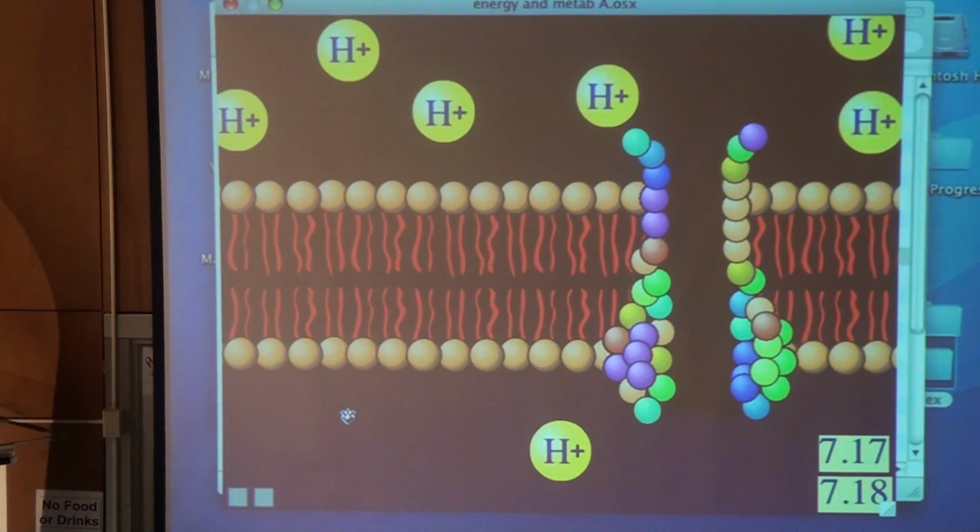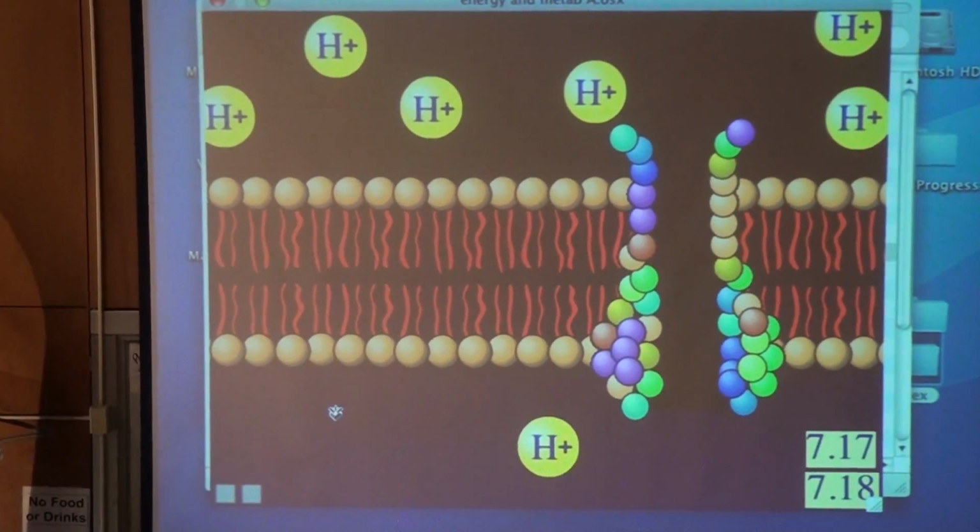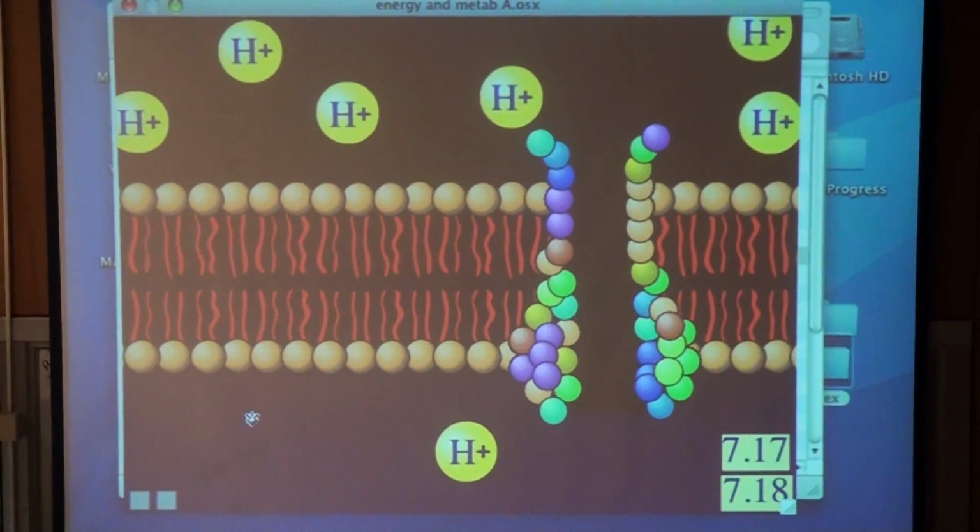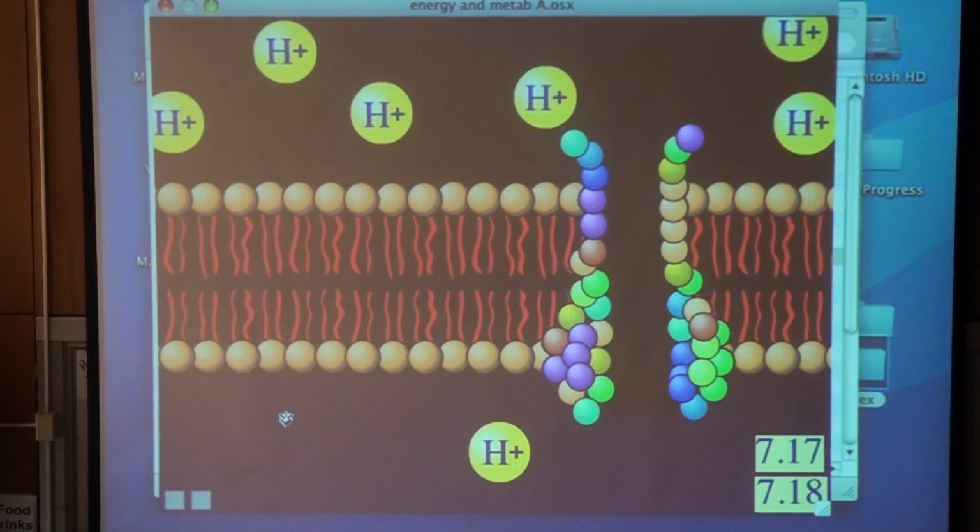So that means it's not going to happen without energy input. And the name of that type of process is active transport, or some people call it pumps. Some people say this is a pumping protein in the cell. Non-spontaneous movement of the solutes across the membrane against their concentration gradient. And it's always going to require an energy source to happen.